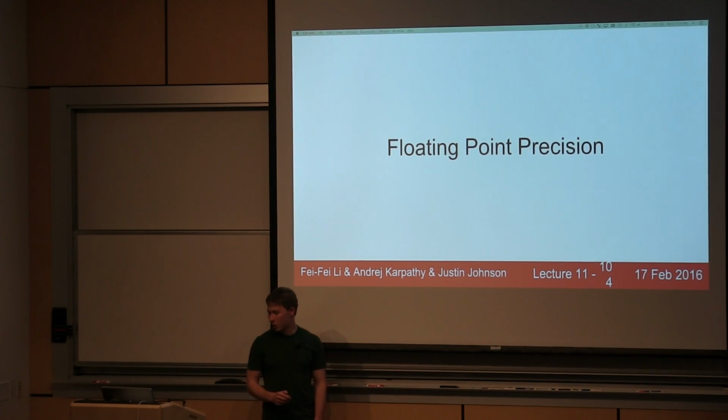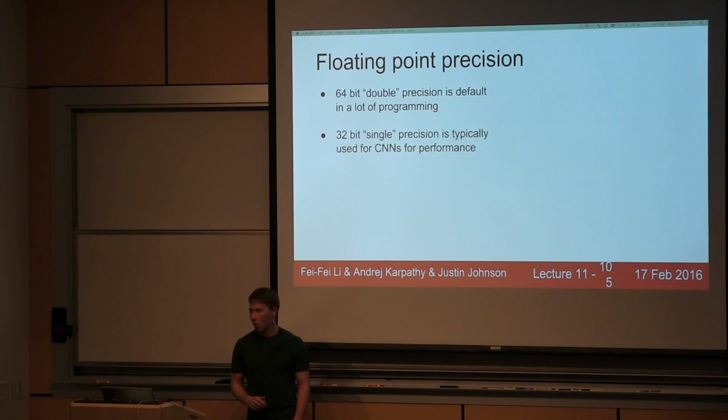So another thing we should talk about is floating point precision. When I'm writing code, a lot of times I like to imagine that these things are just real numbers and they just work. But in practice, that's not true. You need to think about things like how many bits of floating point you are using. A lot of numeric code that you might write is with double precision by default. So this is using 64 bits.